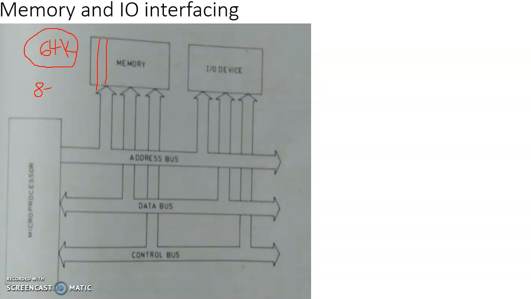There are two basic types of memories in any microprocessor or in any computer. These are ROM and RAM. ROM will have some different distinguishing feature compared with the RAM, because generally we will be writing the firmware programs in read-only memories or programmable read-only memories or erasable programmable read-only memories.